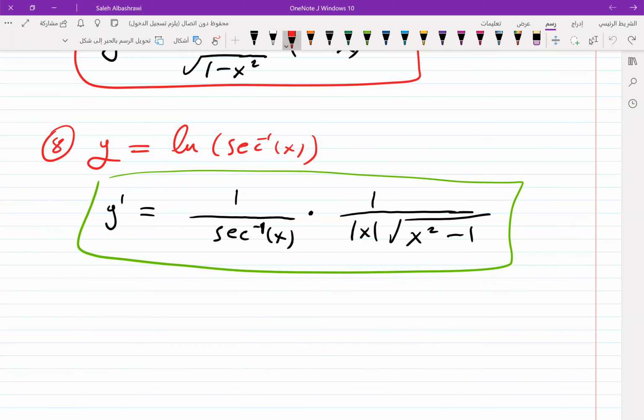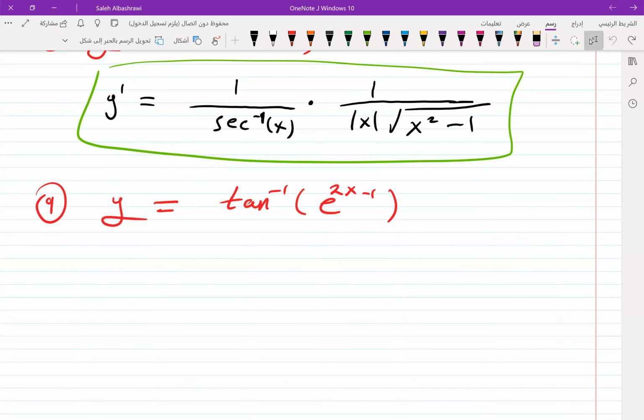One more example. Number 9. Y equal to, let me take this time, tan inverse of e to power 2x minus 1. And the derivative of this one, just direct application for the formula that we have, y prime equal to, for the tan inverse, is 1 over the angle square plus 1.